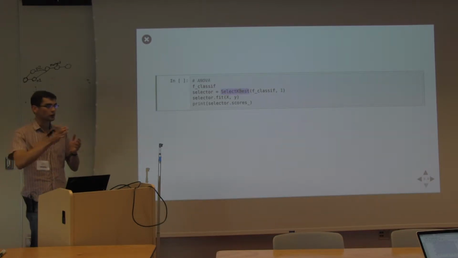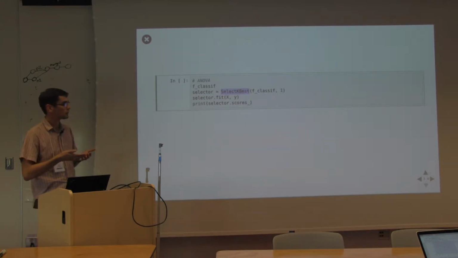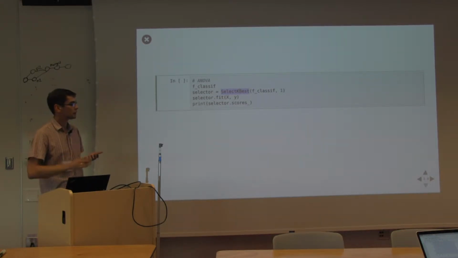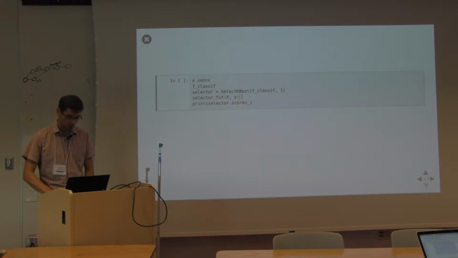It takes all our data set, performs this estimation of feature importance, and then selects a specified number of features and returns these features to us. So we can check how it works.